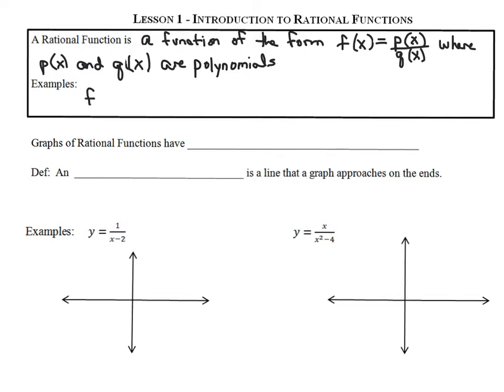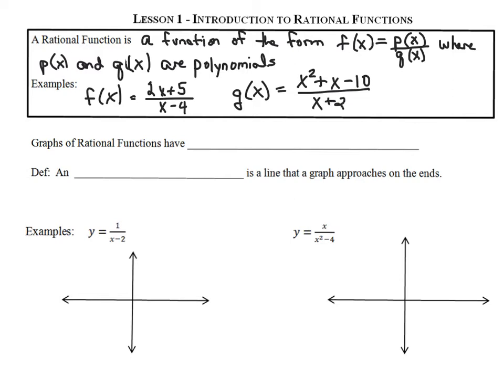I might have the function f of x is equal to 2x plus 5 over x minus 4. Another rational function, how about g of x is equal to x squared plus x minus 10 over x plus 2.